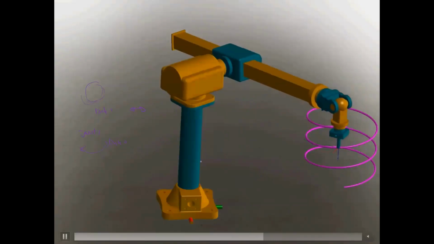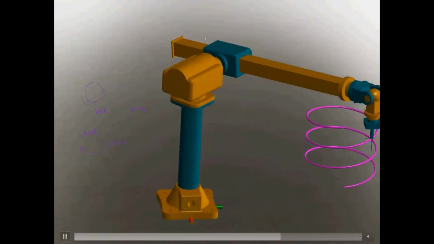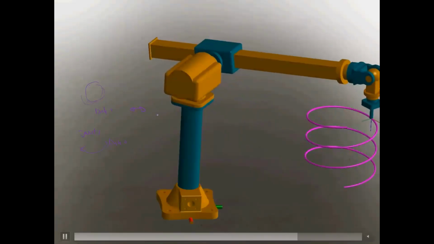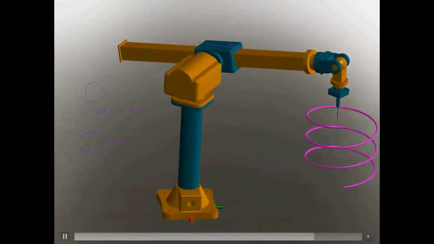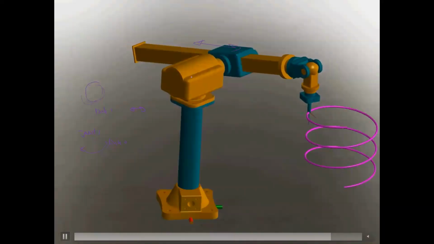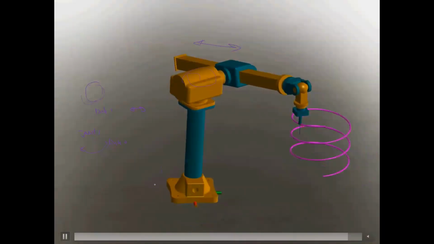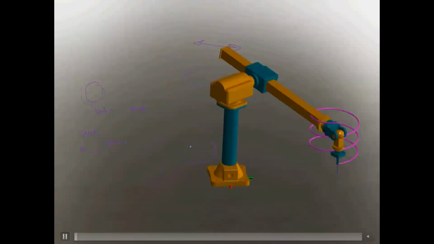So this is the prismatic joint. And this here is a revolute, and also here we have the revolute joint.